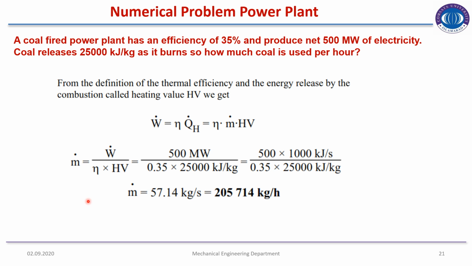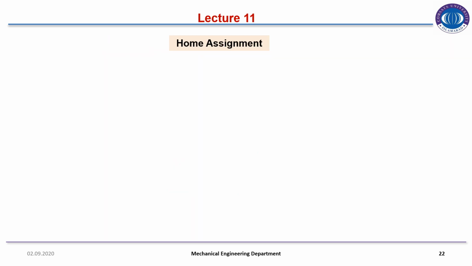So we will multiply this term to convert into hours with 60. We have 60 times 60, so 3600. When we multiply 57.14 by 3600, we have the mass flow rate in kilogram per hour.